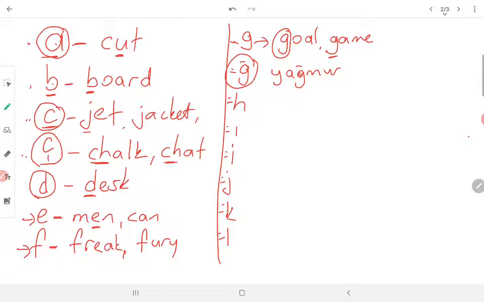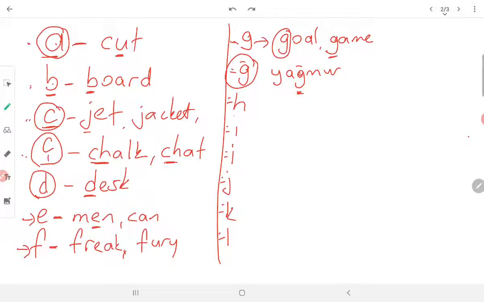Okay? So if you see this letter, you will just say the sound longer, like yağmur. Okay? Yağmur. So in this one, you will say this sound longer. Okay? Yağmur. All right? Let's continue.